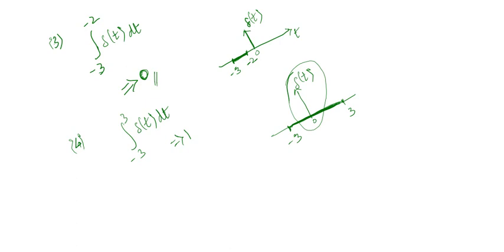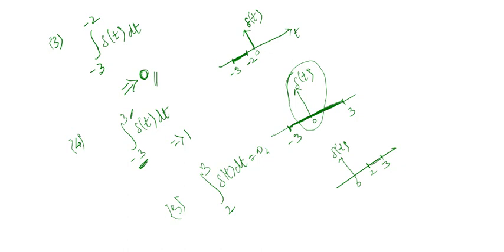It should be from a negative time to some positive time, then it is okay. If it is between 2 and 3, delta of t dt, the answer is still 0, because the impulse is only at 0 and we are not covering it.